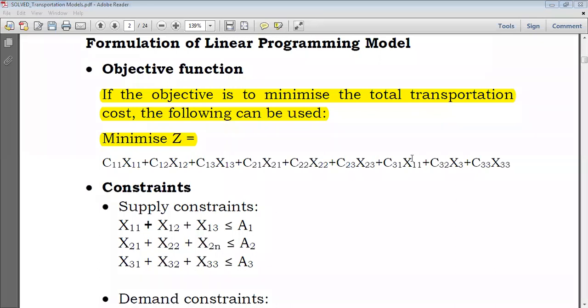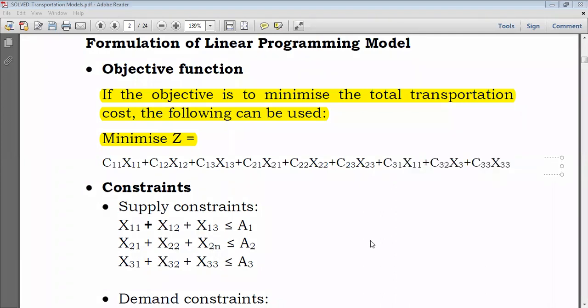It should be this way. The third row is C31 X31 plus C32 X32 and then plus C33 X33, just like this, and everything is over.